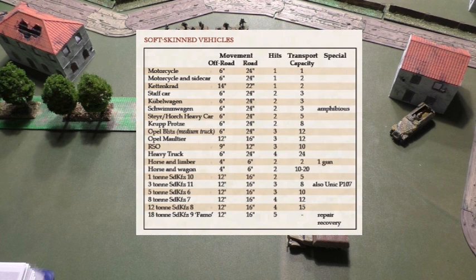That's the idea behind soft skin: there's no armament, and if they get shot at, any bullet will go through it. So a truck, pretty easy to understand. They have their own table with on-road and off-road distance in inches.